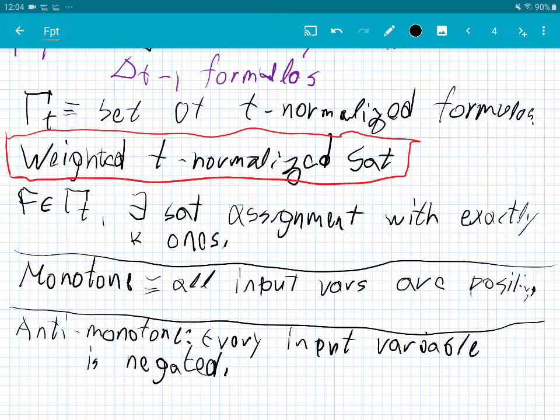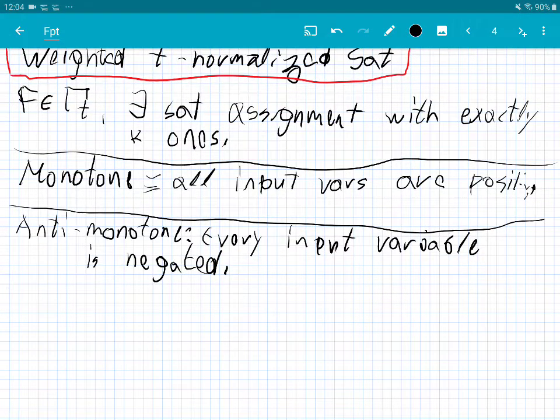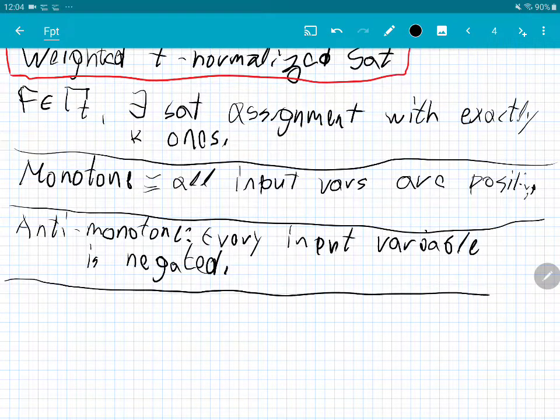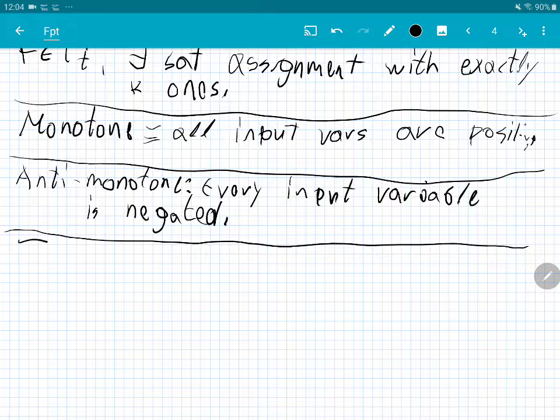Okay. So now we get a theorem that essentially tells us what are those W T classes, right? Again, I'm not going to prove it.